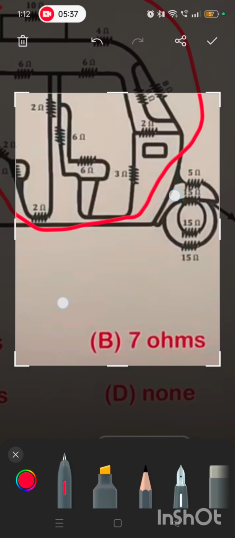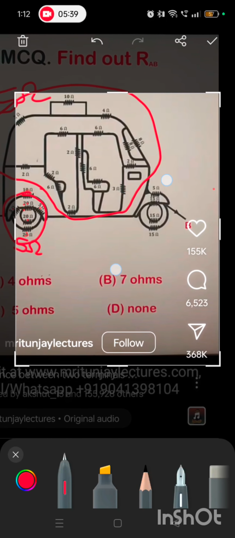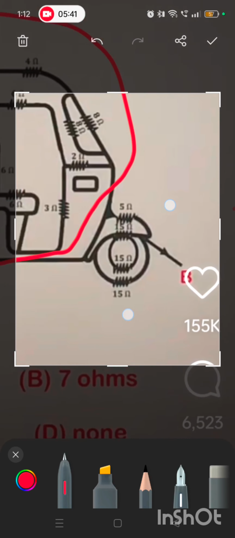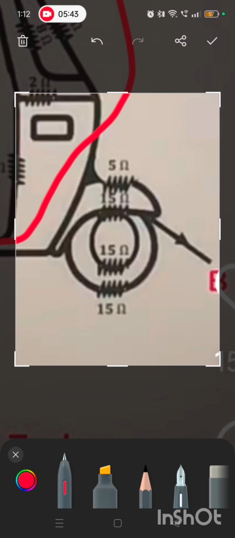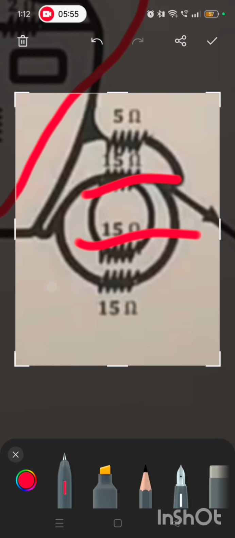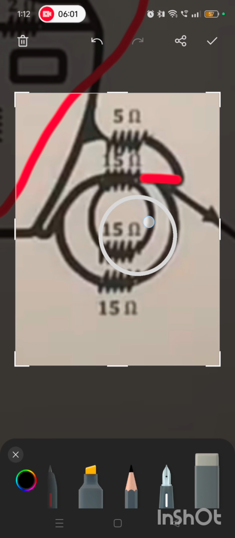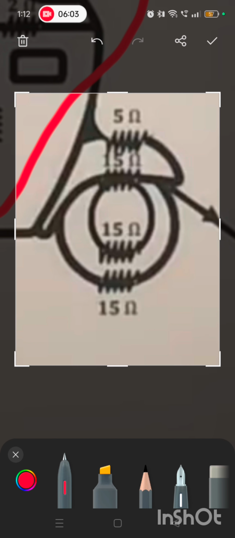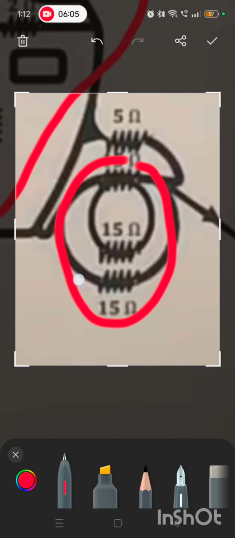Right? So now next is the front wheel, which is the last thing we have got to do, the most difficult part. It's simple. What we have to do, this 15, this 15, and this 15 are all parallel, so this will form 5 ohm, right?